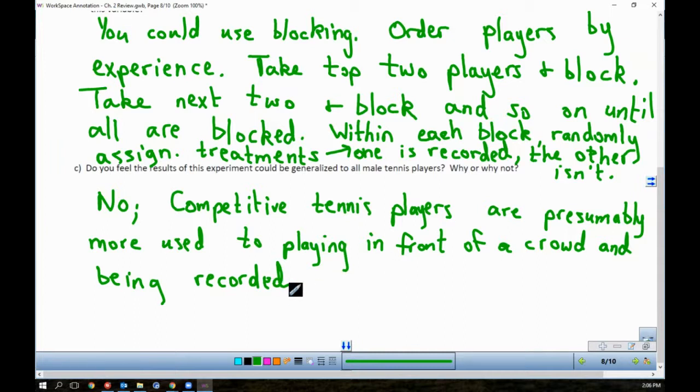Also, what's another big reason we could say we couldn't generalize? It didn't come from the population, but in particular, it was made up of what? In that last sentence? Volunteers.